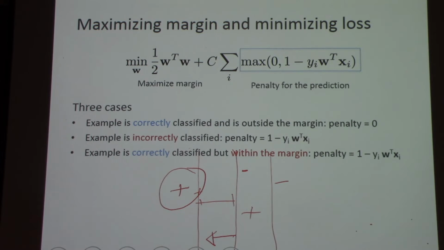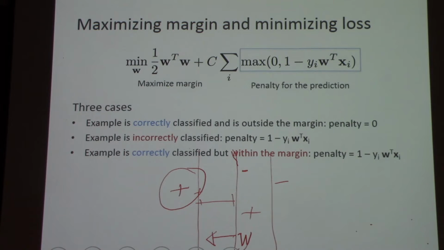In other words, y w transpose x for that example will be more than 1. Which means this max in the box up there, 1 minus y w transpose x, will be less than 0. And so the max is 0. So what that means is this w, this line here, I'm going to call this w, does not pay any penalty for this red plus.